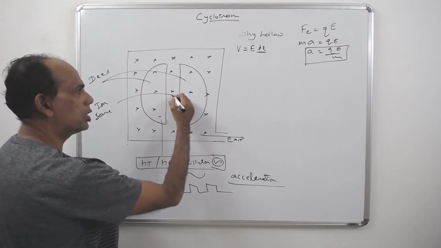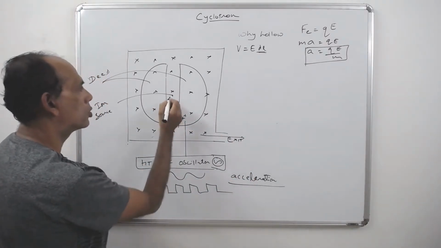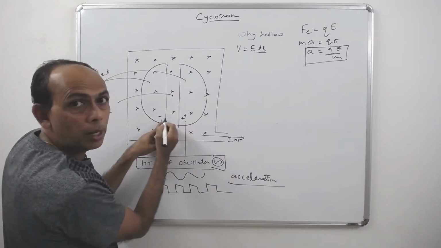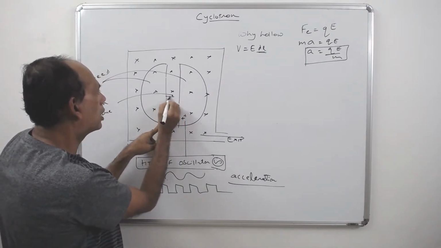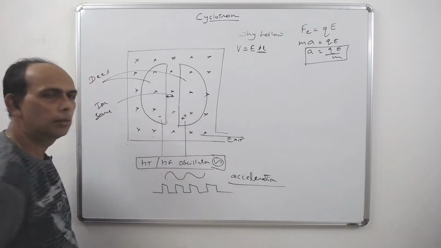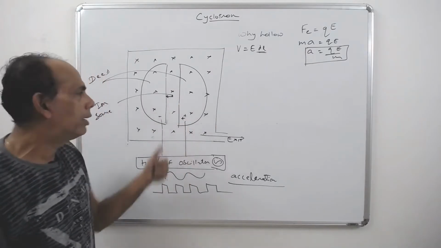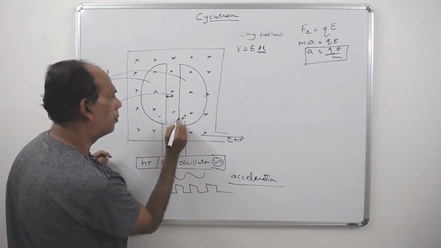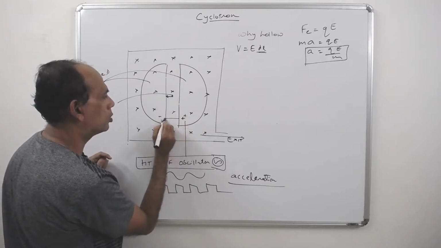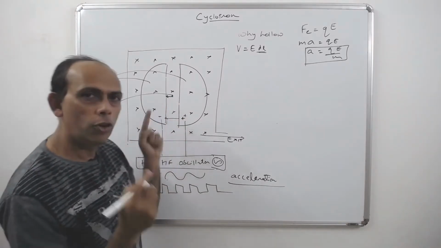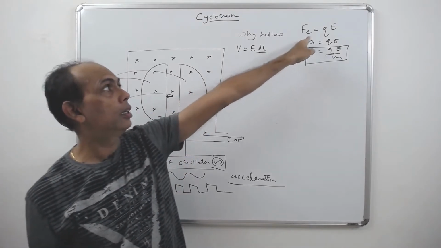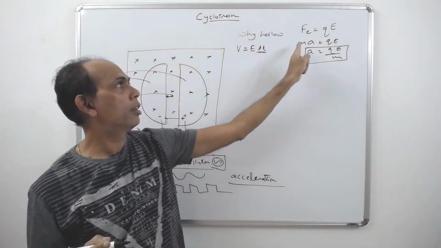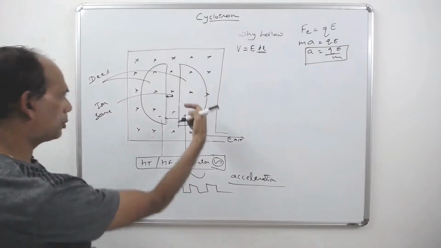If this is a positive ion coming from this side, it will get pushed in this direction, because the electric field at this point is from plus to minus, and the electrostatic force is always along the electric field.